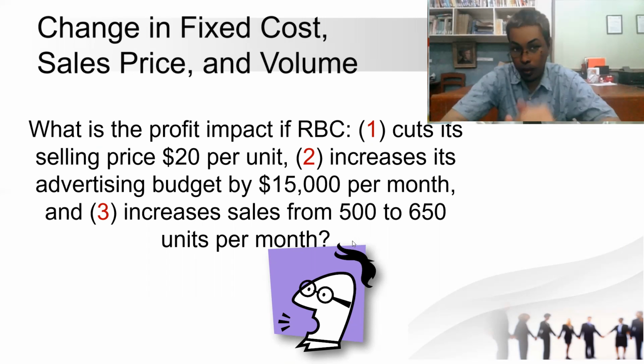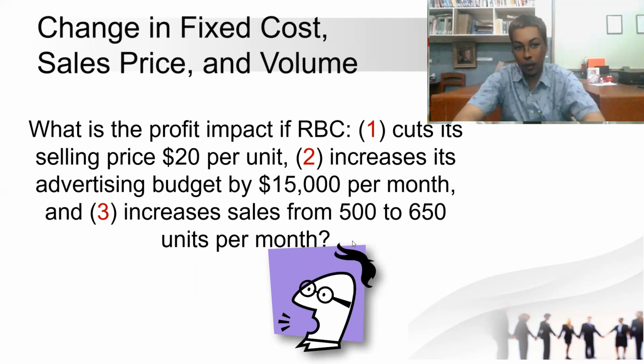Number two, increases its advertising budget by 15,000 per month rather than 10,000. And number three, increases sales from 500 to 650 units per month. You can easily do this using the format from the previous slide.